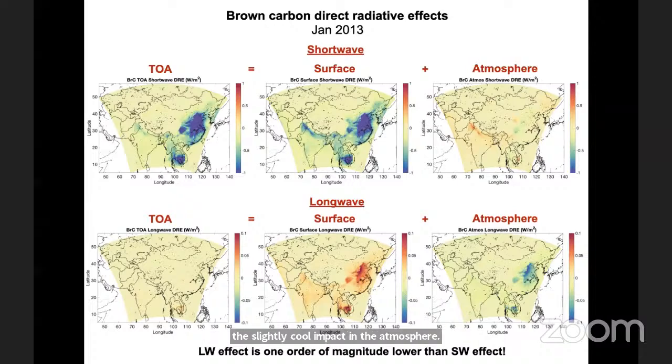The warming effect at the surface is because this aerosol layer is mainly acting like a high-level cloud to warm the surface, because it scatters back some of the longwave radiation. However, I should note that this longwave radiative effect is one order of magnitude lower than the shortwave effect, so the total will be dominated by the shortwave radiative effect.